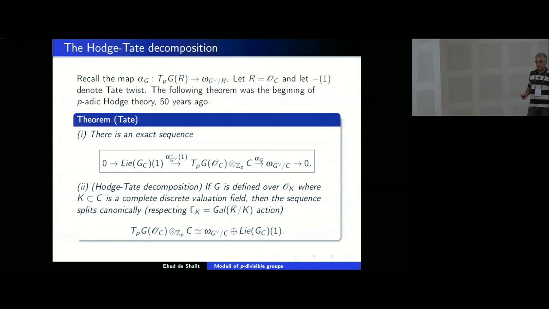But in general, the exact sequence still exists, but does not split anymore. There's no canonical splitting, and it's very important because the failure to have a canonical splitting is what is responsible at the end for the existence of these Hodge-Tate periods.